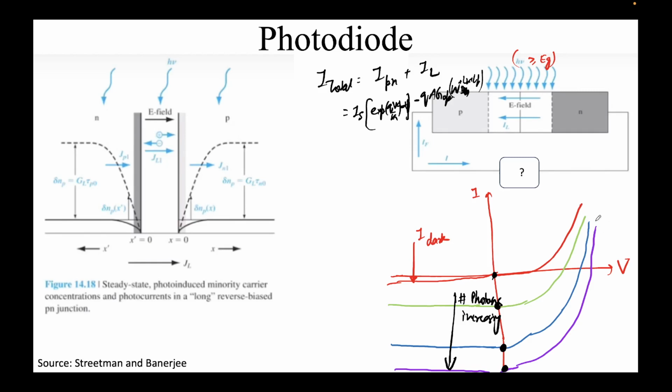The forward bias current that we have seen in our problems is a few milliamps. The reverse saturation current seen is a few nanoamps, and the photo current that you see again in the previous problem was a few milliamps. So in the forward bias, a few milliamps of photo current plus a few milliamps of, let's say, the diffusion current, you will not be able to appreciate which component is coming from where.